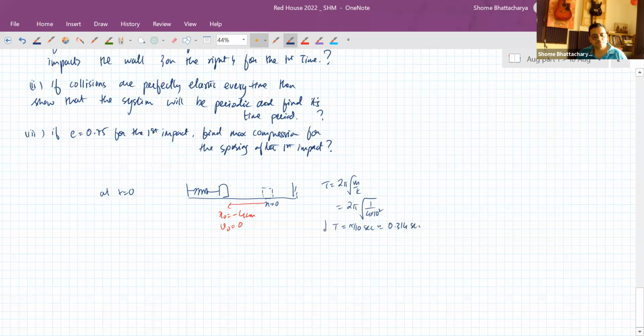This is the time period. Now these are the initial conditions. So the amplitude this time is 4 centimeters, but the initial phase constant will be how much? Minus pi by 2, because x naught is negative and v naught is positive. So hope this is clear to all of you.